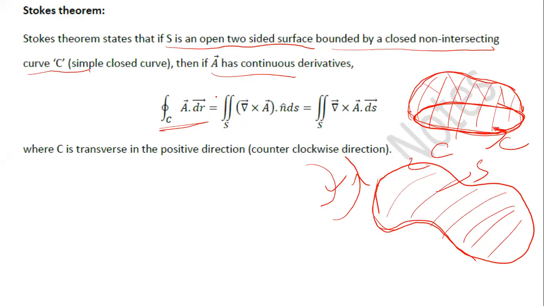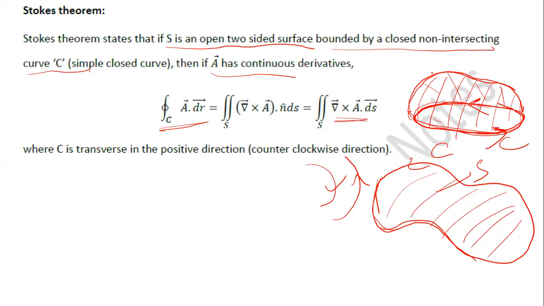So the line integration of the vector field along such a simple closed curve, if you perform the vector field integration around this closed curve, equals the surface integration of the curl of the vector field A. Curl of the vector field measures the rotation of the vector field.